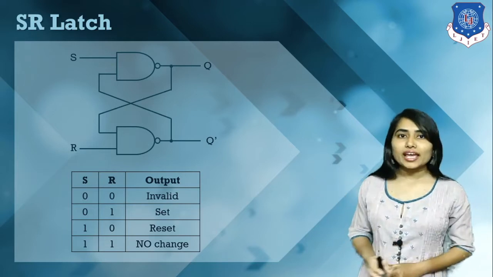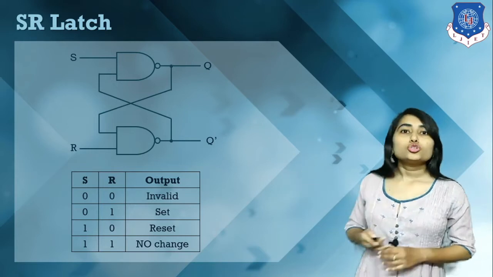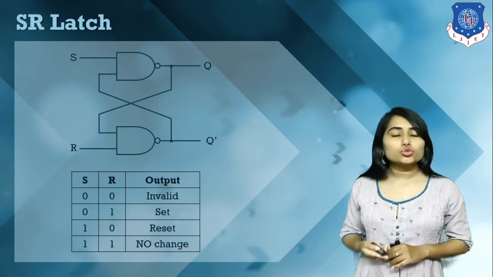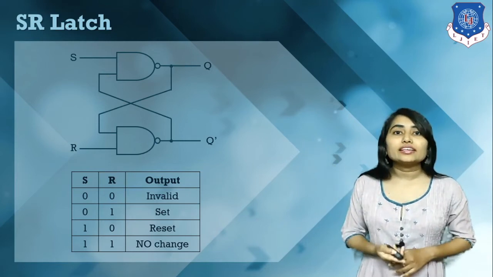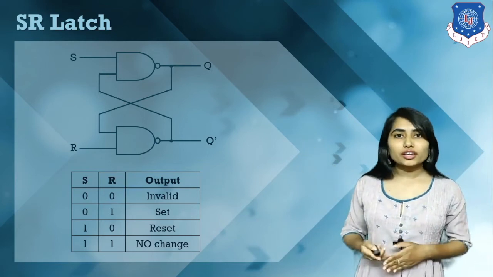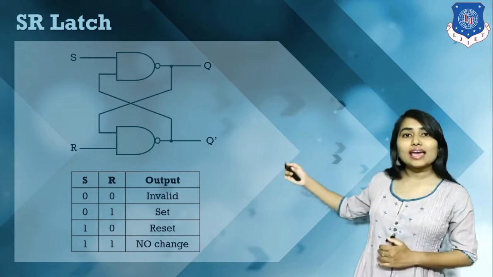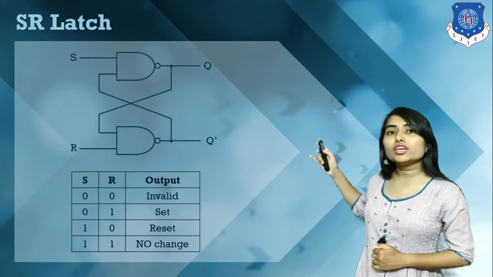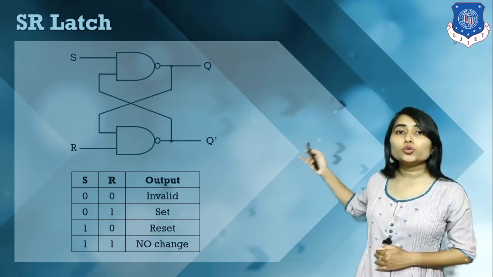Now we have the next, S equals 0, R equals 1. So whenever S equals 0, we have a set condition, because this is active low. That means this circuit produces the output for logic 0. So whenever S equals 0, we have the output of a set condition, that means we have output 1.